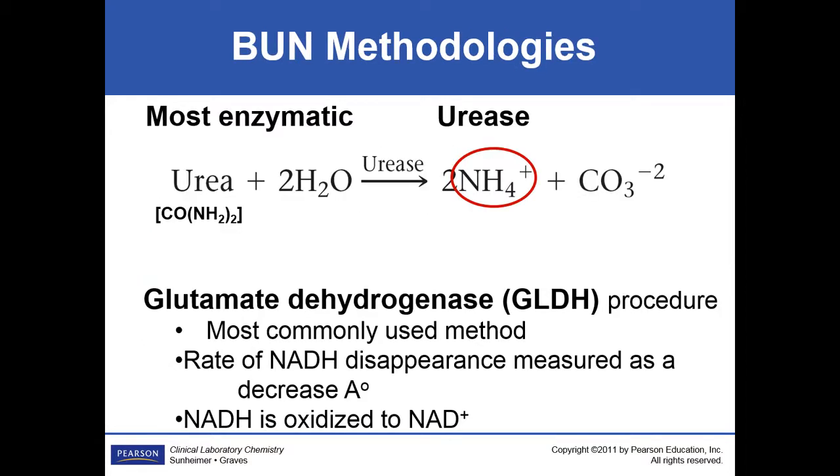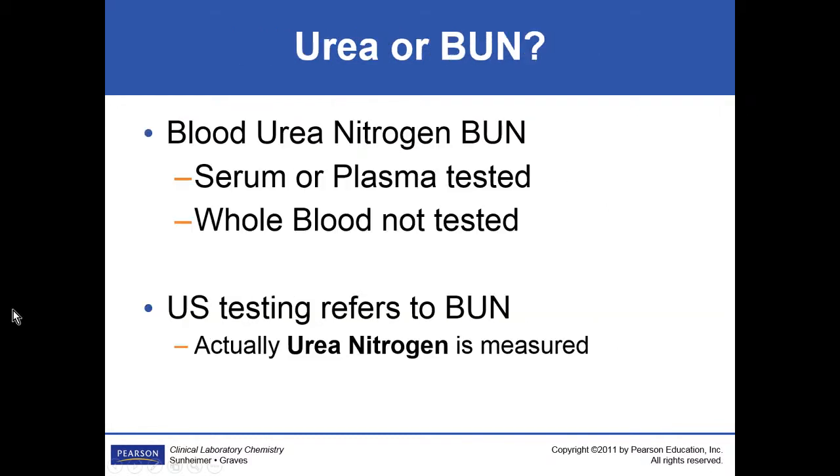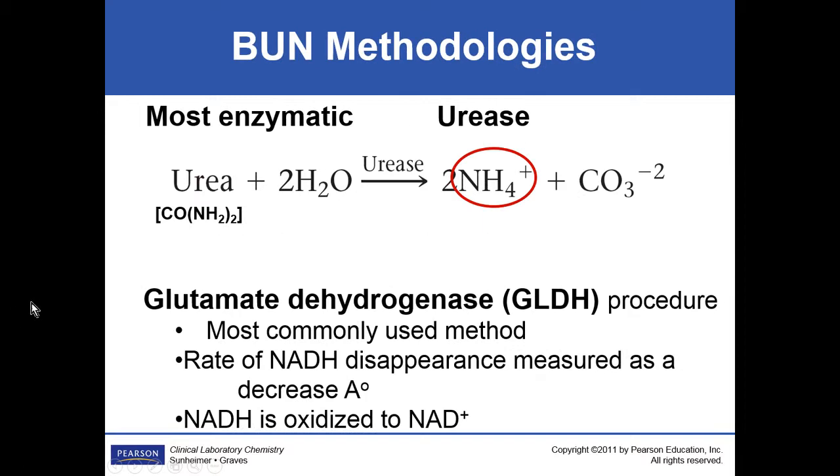Testing BUN, most methodologies are enzymatic and they use the enzyme urease to break down the urea. And here we have formulas showing it, and you can see where urea plus your water molecules, the urease will break it down into 2 molecules of ammonia.